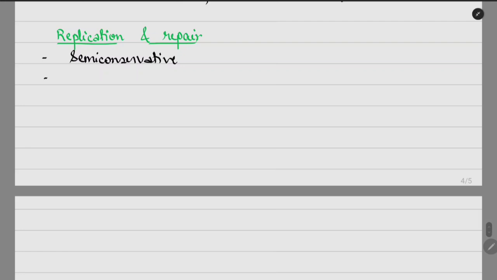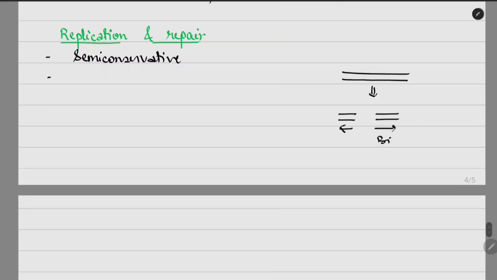The next point is that it has an origin site and proceeds the replication process in both directions. Means if this is a DNA, it will break down into two parts at the origin site and the replication will take place on both sides. Okay, means bidirectional.